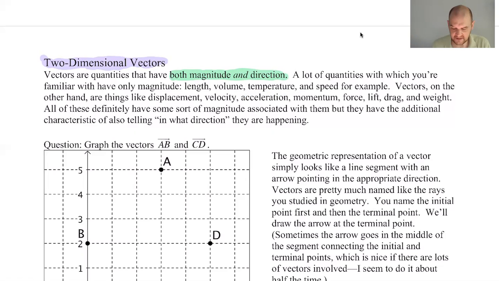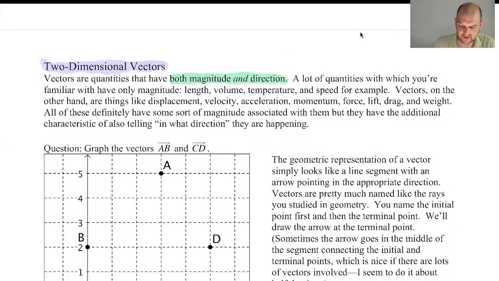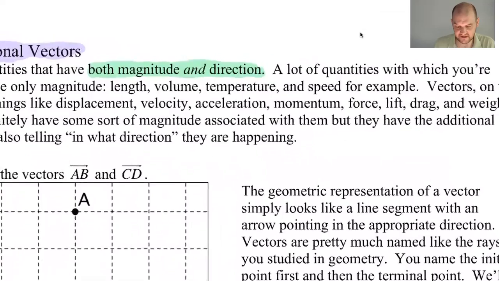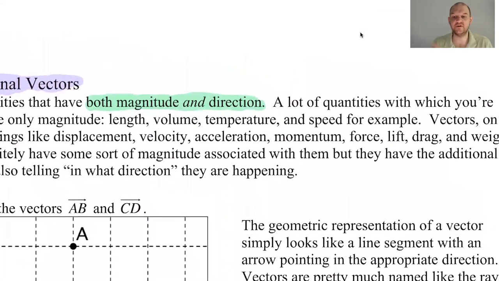And then speed. Now speed is interesting. You say like 5 miles per hour. So speed, I think, is a really good connection between what are called scalars, which are quantities that only have a magnitude, and vectors, which have magnitude and direction. Because speed is useful. Say you were going to watch a race between 2 people, and you know how fast both of them are going to run.